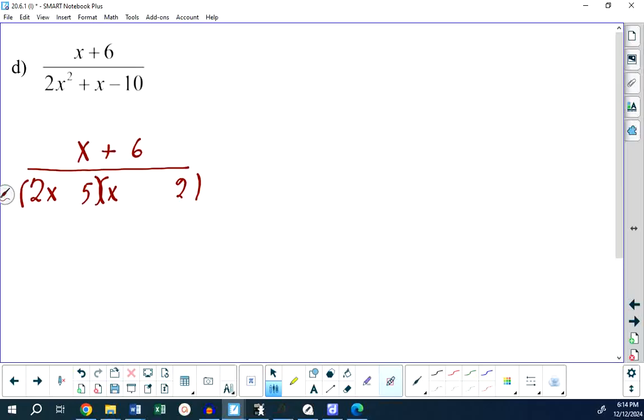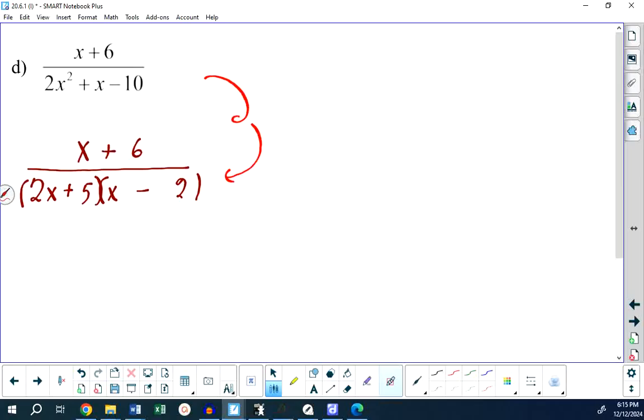And now what I have to do is ask myself if by putting negatives and positives anywhere, I end up with a product that matches the bottom. And if I FOIL that out, I get positive 5x and negative 4x, which gives me the x. Bottom line, we're graduating away from just lessons on factoring.